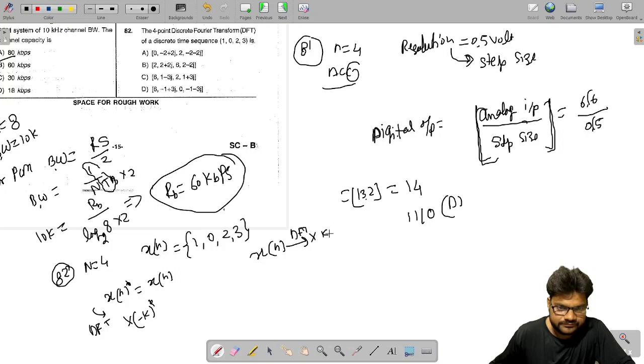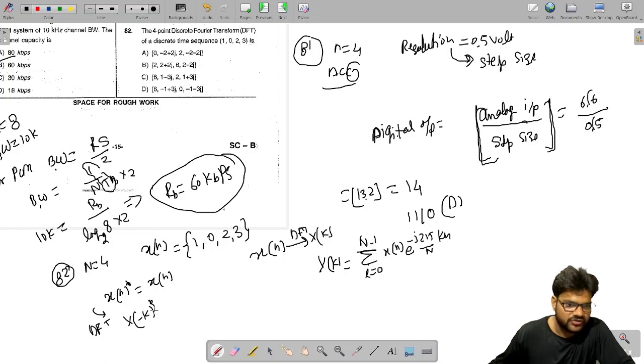X[k], and the expression of X[k] is the summation n equals 0 to N minus 1 of x[n] e to the power minus j 2 pi by N kn. Okay, so X of minus k conjugate is going to be X[k], right?